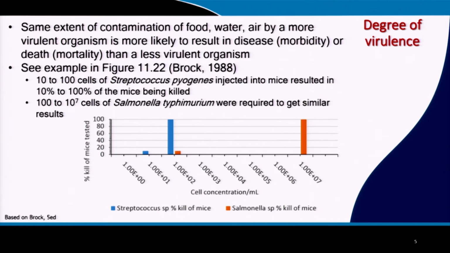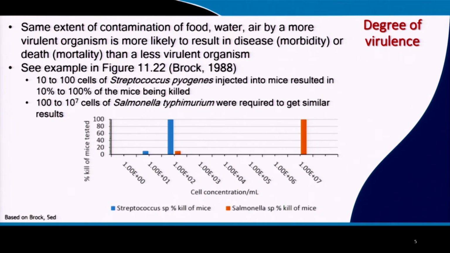So if you're wondering what that means, let's take a look at an example of the degree of virulence. You can refer to figure 11.2 in Brock's textbook. This is an old one, and I've taken some of the data and redrawn the graph over here.